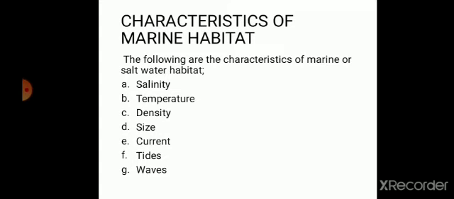The next one is the waves. Waves are movements of the surface waters of the oceans, and they can take any direction and are caused by winds. The movement of water that is controlled by wind is the wave. Some of you used to visit the beach.